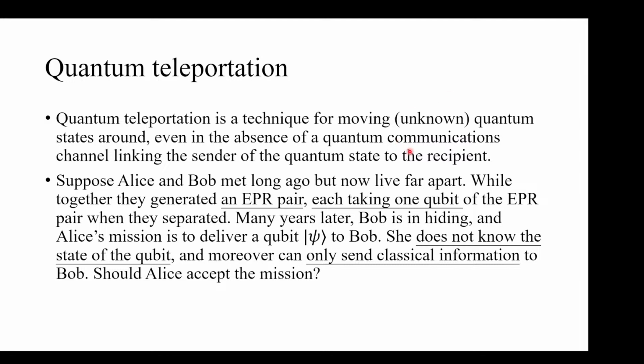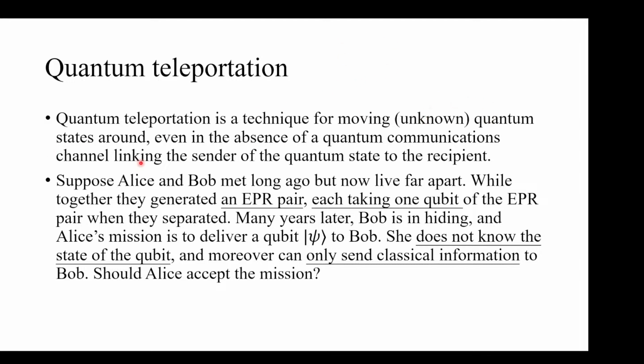If it's a known quantum state, you can just send the parameters to Bob, but it's an unknown quantum state, and you want to move it to Bob's side. You might think this is very hard because if you just measure it, you will destroy the state, and you don't even fully learn the state.